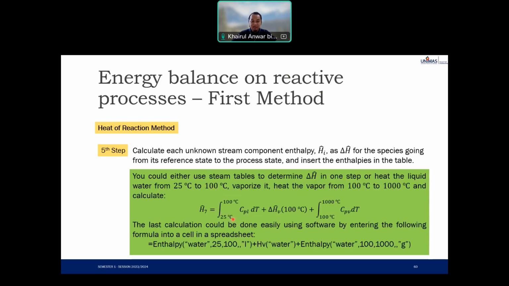So in this case, from 25 to 100. This method is for, you refer back to the non-reactive method, the same.